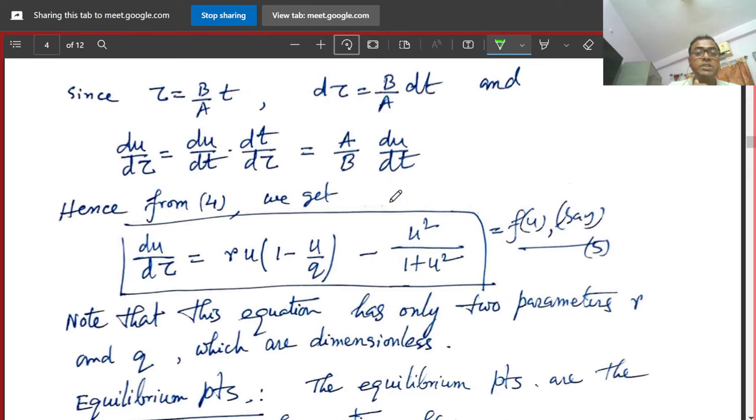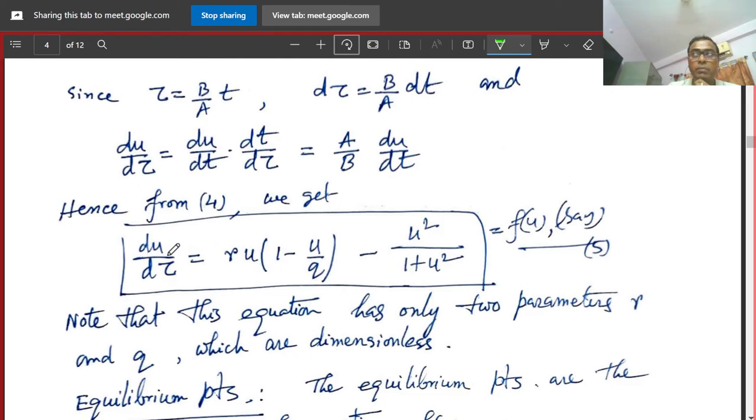The expression on the right hand side is called f of u, say. So equation 5 has only 2 parameters here, r and q.